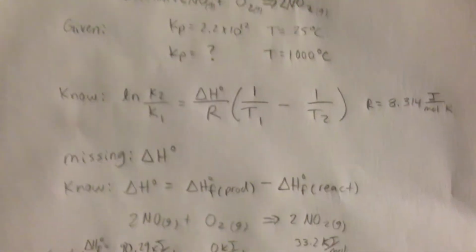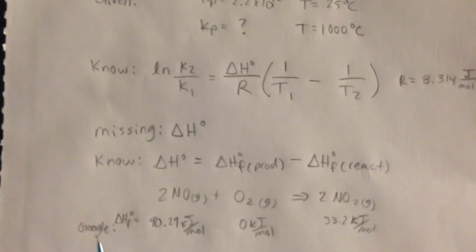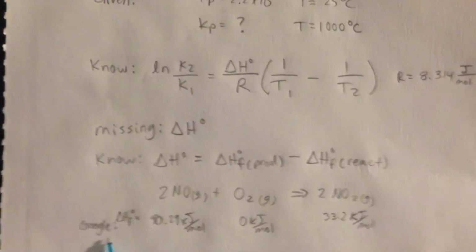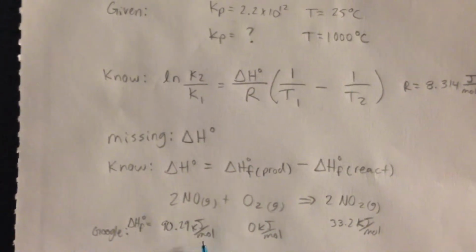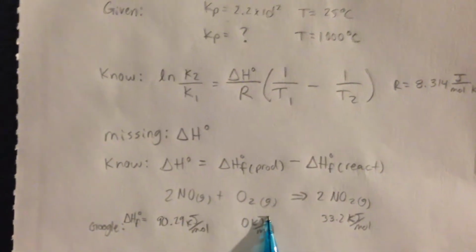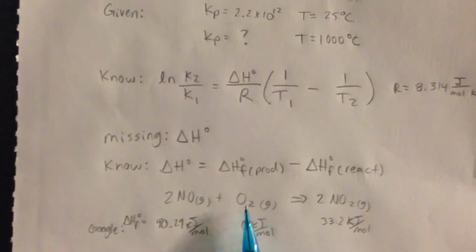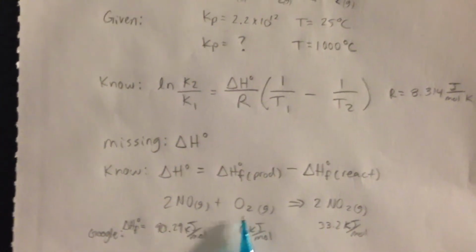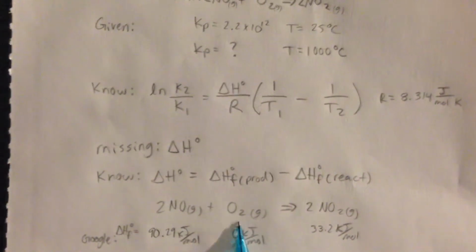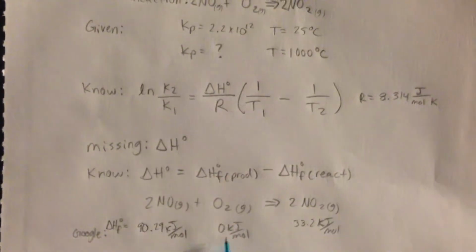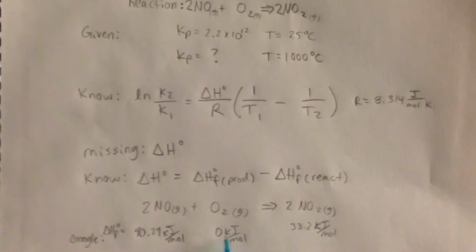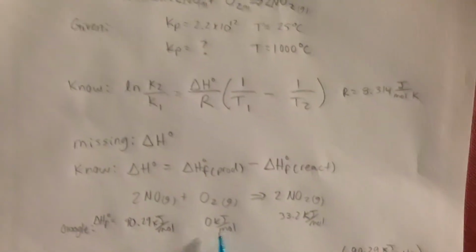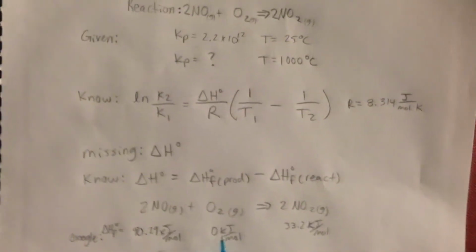As we move down, we have our reaction, and these values are from Google, because they weren't on ChemWiki. They're expressed in kilojoules per mole, and this one is 0 because it is an element in its natural state, which means it has no energy of formation. It's 0 by definition.